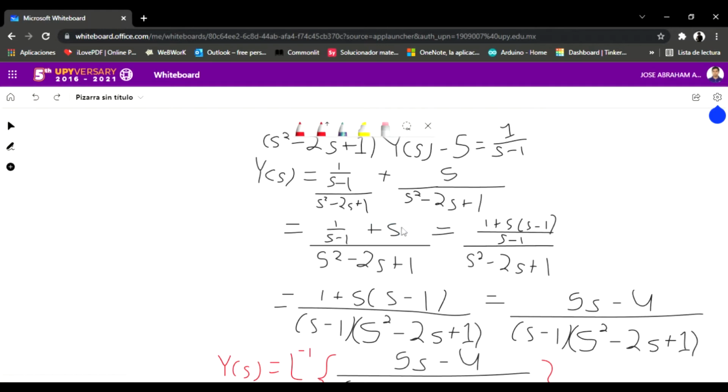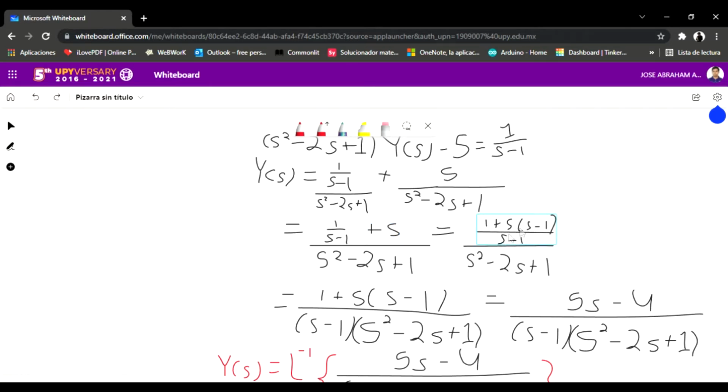So to make it simpler, we can add an s minus 1. Remember that we can add an s minus 1 in the numerator of the 5 and in the denominator of the 5 as s minus 1.